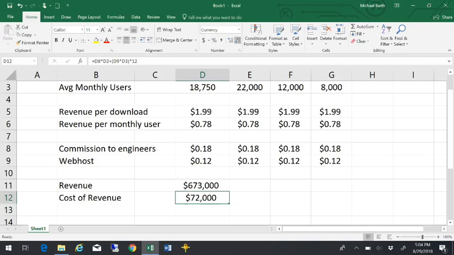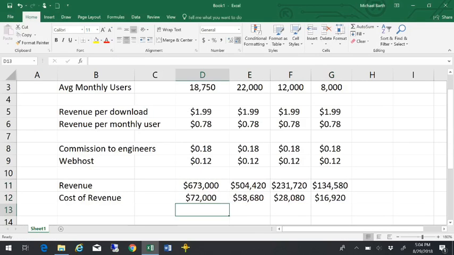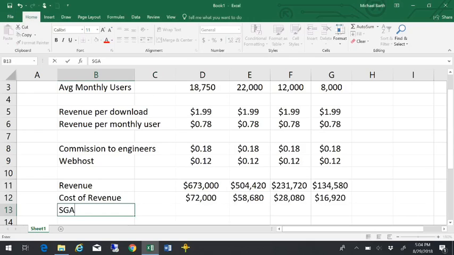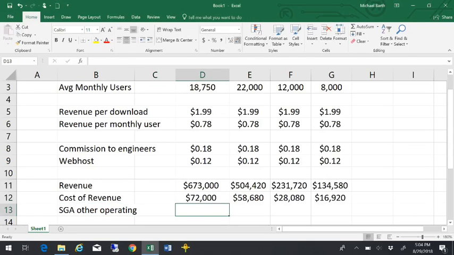Another expense is the ongoing operating expenses. Let me go ahead and copy these over because they're going to stay the same. Same formula, different numbers. Call it SG&A, other operating expenses, and those are pretty hefty the first year, $240,000.